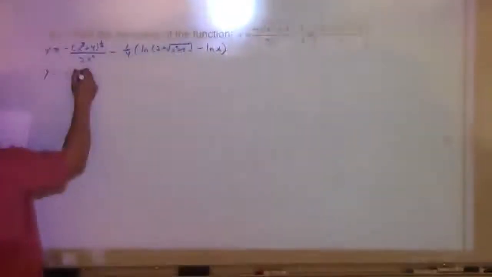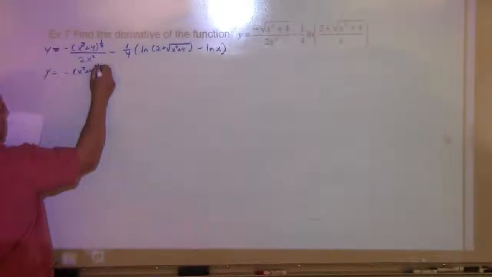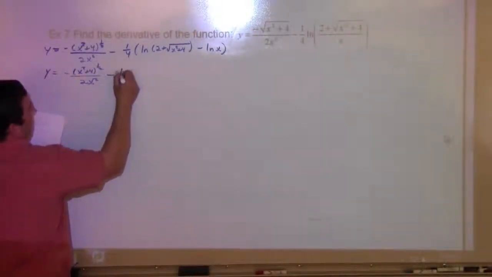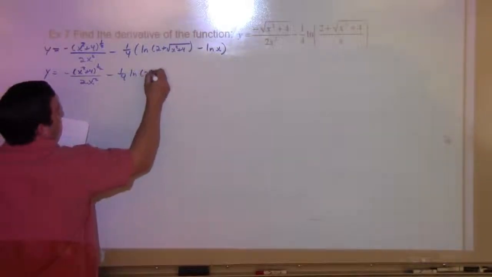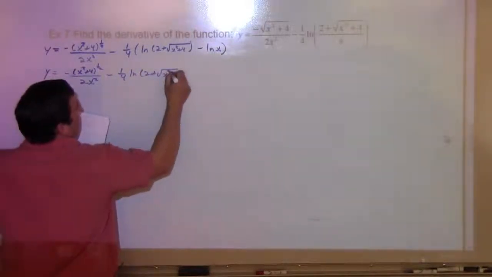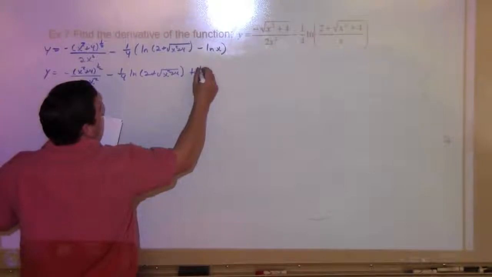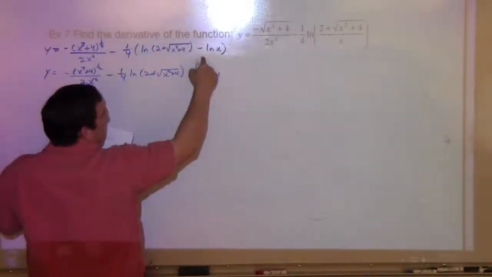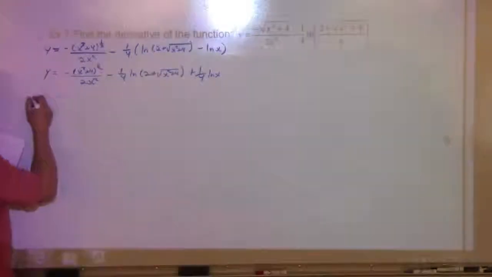So y, I'm going to go one more step here. Negative of x squared plus 4 to the 1/2 over 2x squared, just brought that down, minus 1/4 the natural log of 2 plus the square root of x squared plus 4 plus 1/4 the natural log of x. Negative 1/4 times negative natural log of x is plus 1/4 natural log of x.